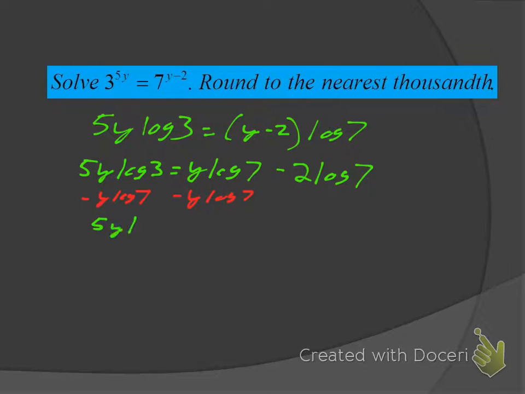Which gives you 5y log 3 minus y log 7 equals negative 2 log 7.